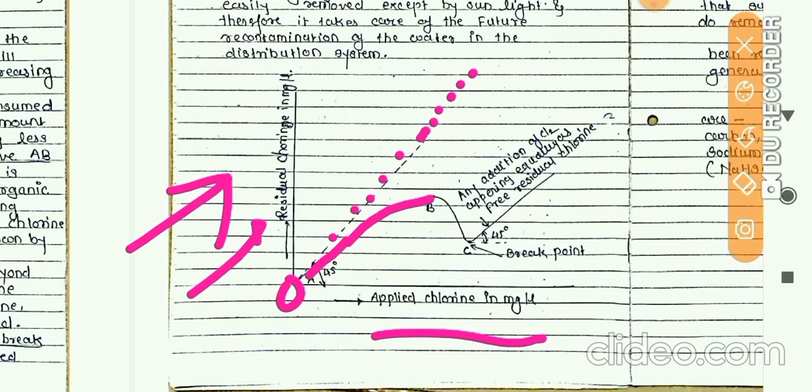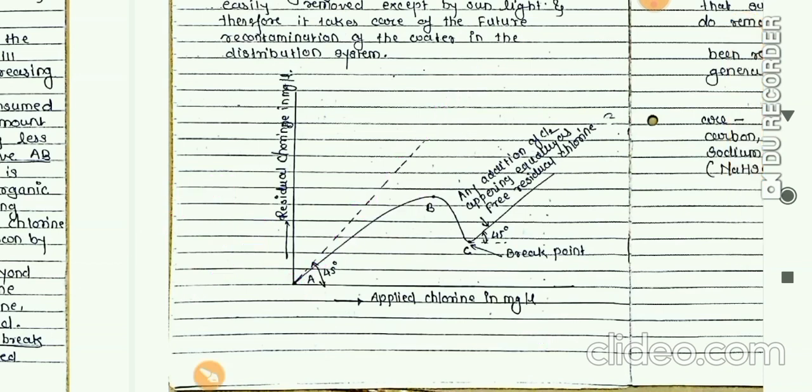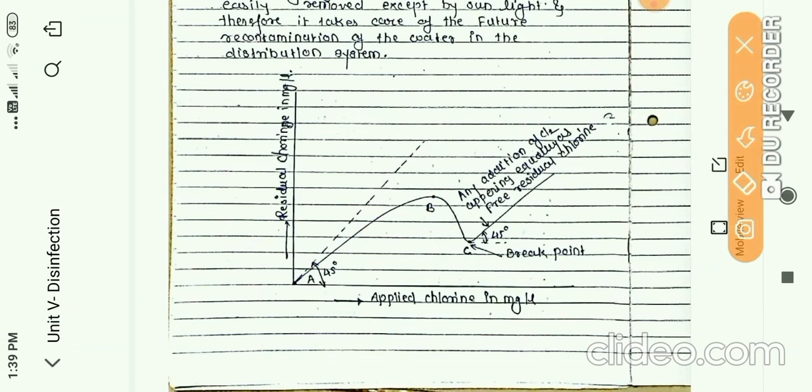Up to point B, a very small extent of chlorine is used in killing the bacteria. But after point B up to point C, the graph is again inclined in the downward direction, showing that more chlorine is used to kill the bacteria.